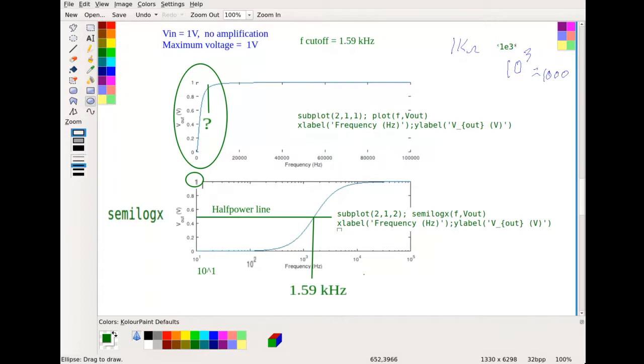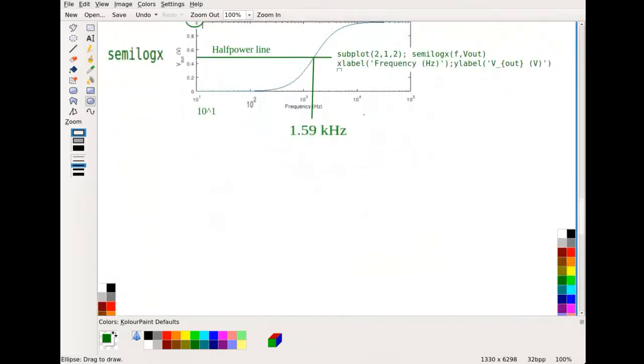So let's take a minute to try to read this log scale. I'm going to try to zoom in on this so we can read these numbers a little better.